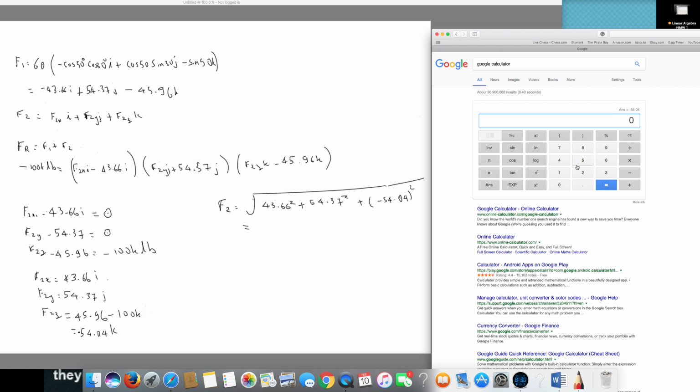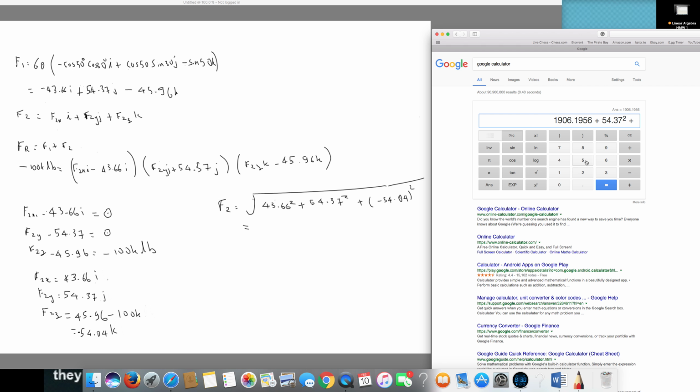Okay, 43.66 squared. I'm just going to simply add and square to make everything easier. 54.37 squared plus 54.04 squared.